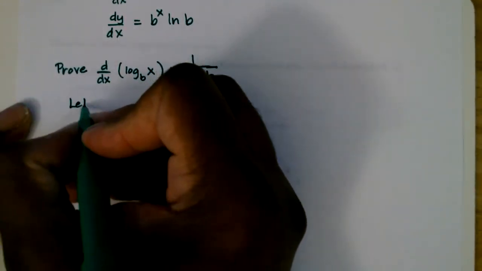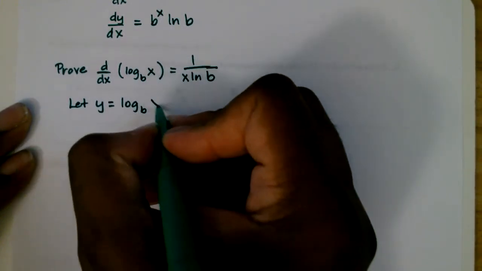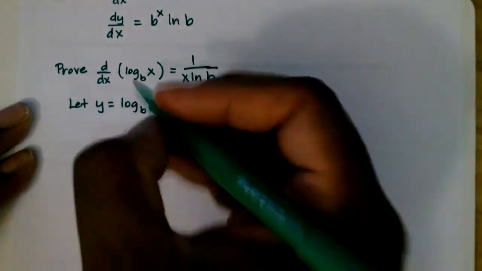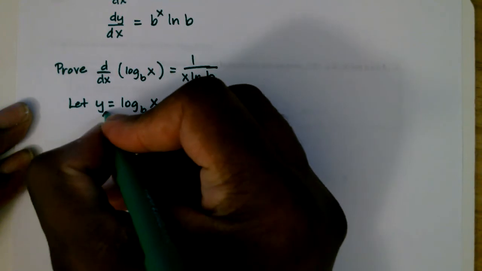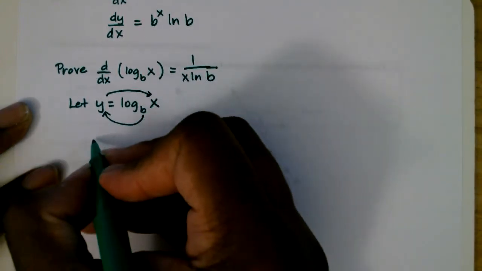So here's the proof. I'm going to let y equal log to the base b of x. And then I'm going to use the rule when you convert from logarithmic to exponential form, I can say that b to the power of y is equal to x.